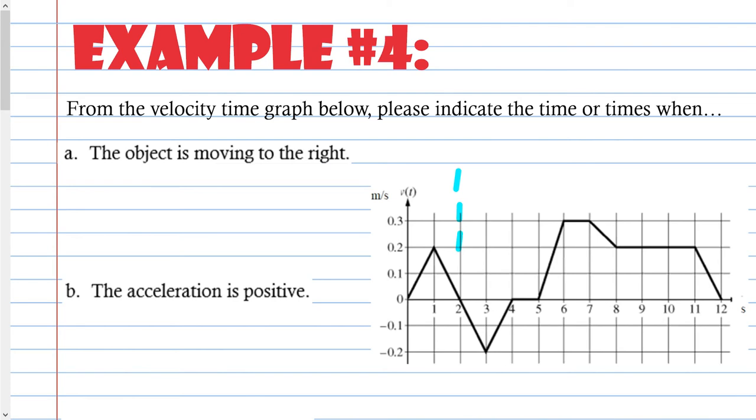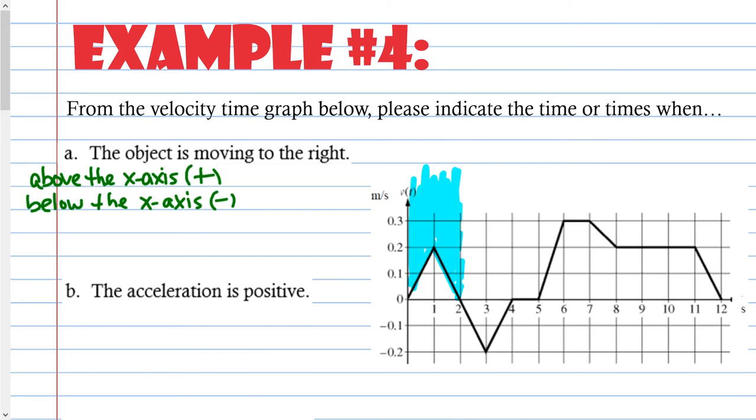So from 0 to 2, so right here, velocity is positive because it's above the x-axis. So I wrote it down. Above the x-axis is positive, below the x-axis is negative. So that's above. Technically, this right here is above, right?